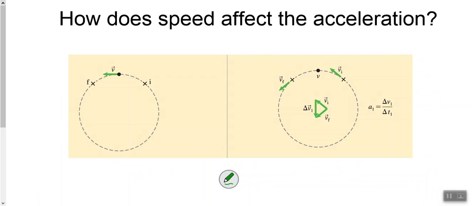Now let's look at some properties of objects moving in circular paths. We know that it is moving at a constant speed, but it also changes its direction, therefore it's accelerating. But how are these related? If we have a circular path and we try to find the acceleration, we get the change in velocity over the change in time.